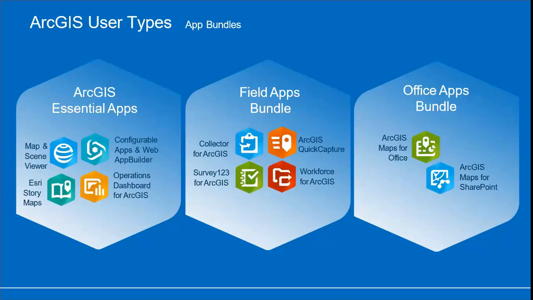The Office app bundle comes with your creator user type to your GIS professional. And this user type will also be able to get all the apps in the essential, all the apps in the field apps bundle, and those in the Office apps bundle. This is where you will use your ArcGIS Pro, ArcGIS Maps for Office, ArcGIS Maps for SharePoint.